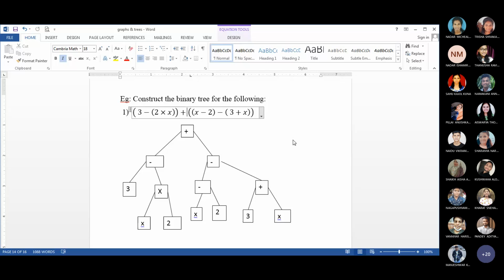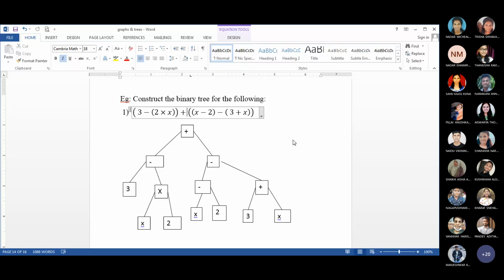So that acts as a central operator. This central operator basically will become my root. So this is my root.